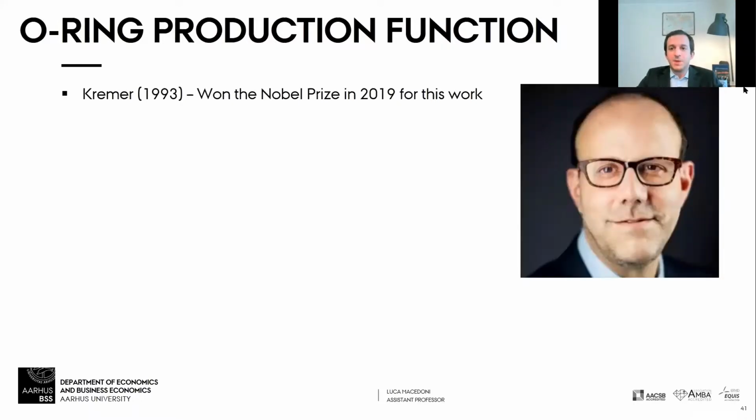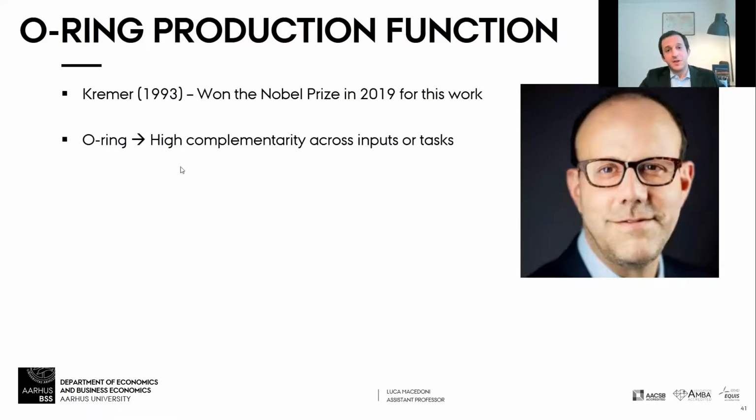And here's a picture of Michael Kremer. Now, this O-ring production function is a production function with high complementarity across inputs. So you can think of it as a chain: the chain is just as weak as the weakest link.